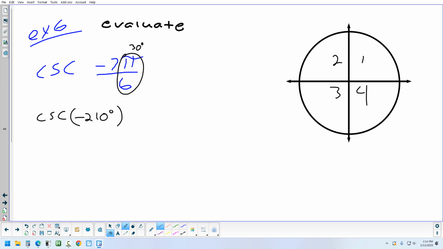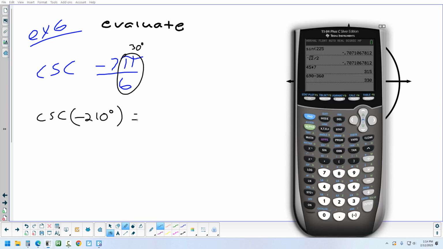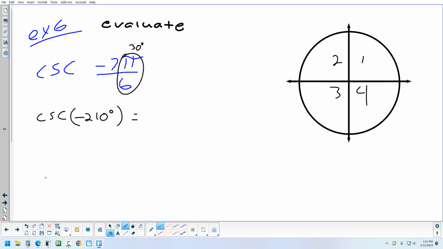Okay, so we got it in degrees. Now we put it in to get a point, but there's still something else I would do before we try to put it on the circle. We should add 360 so we don't have to deal with a negative angle. So take negative 210, add 360, and that is 150.